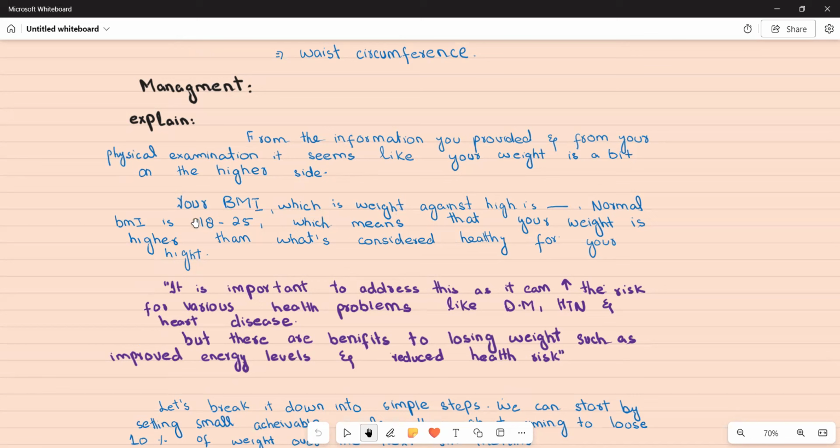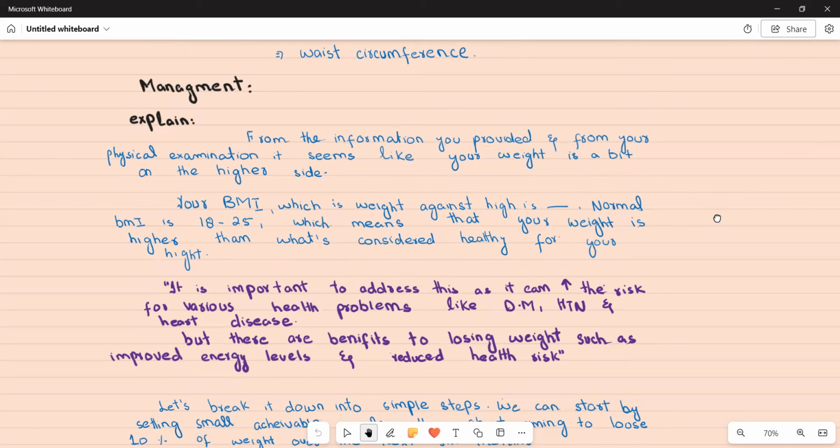Your BMI, which is your weight against your height, is, for example, 32, whereas normal BMI is between 18 to 25. This means that your weight is higher than what's considered healthy for your height. So you explain to them their diagnosis and what their BMI means.